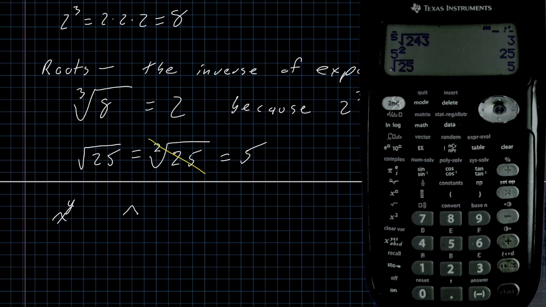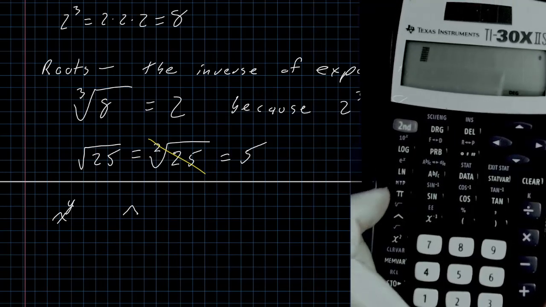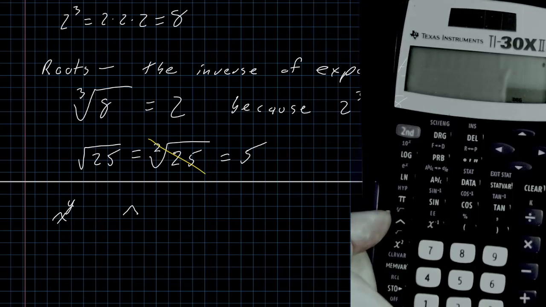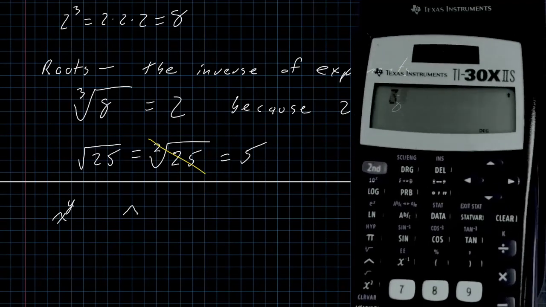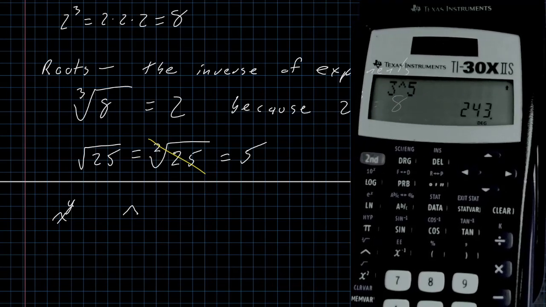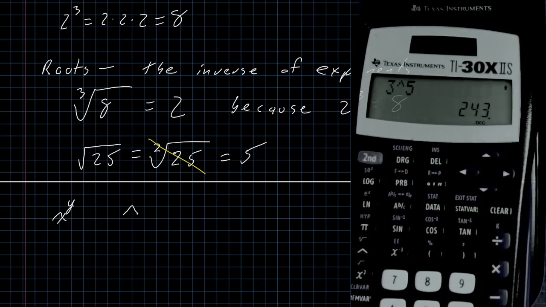Here's an older calculator that I have laying around. Just throw it on top of the one that we're working with. You can see that the buttons are lined up mostly the same. I still have a squaring key. And then the notation just looks a little bit different. But if I want 3 caret 5, it still gives me 3 to the 5th power, which is 243.